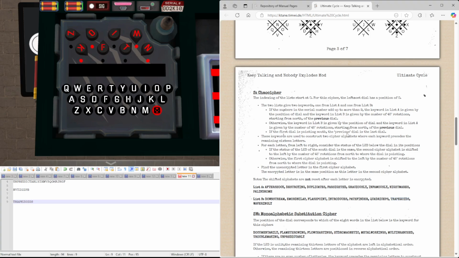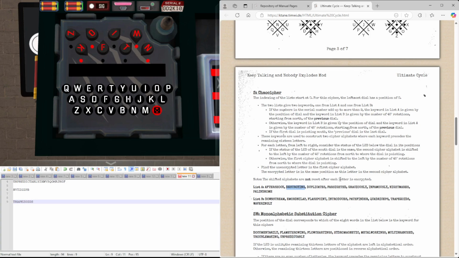Keyword in list A. The keyword in list A is given by number 45 rotation style from the previous dial, which is 1. Zero, 1, 2, 3, 4, 5, 6.